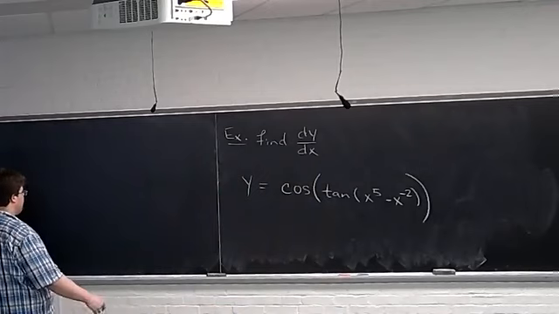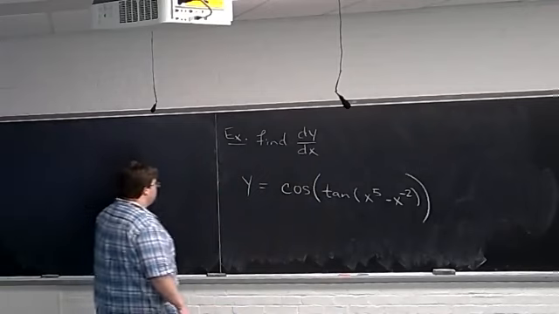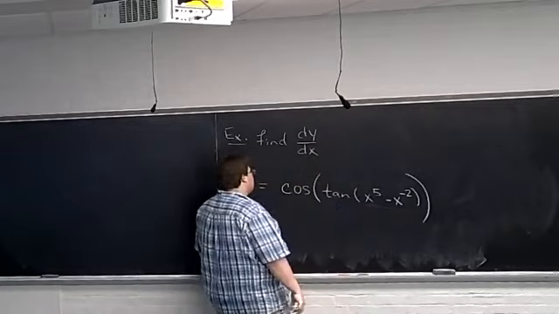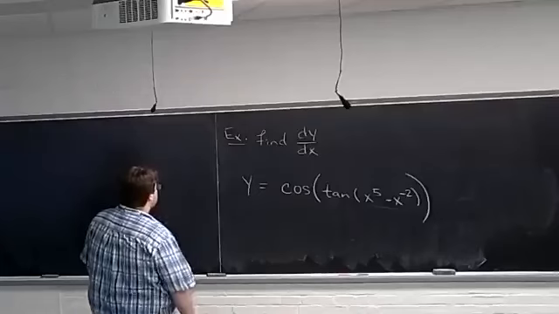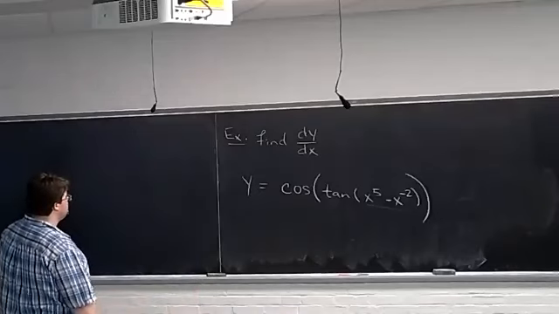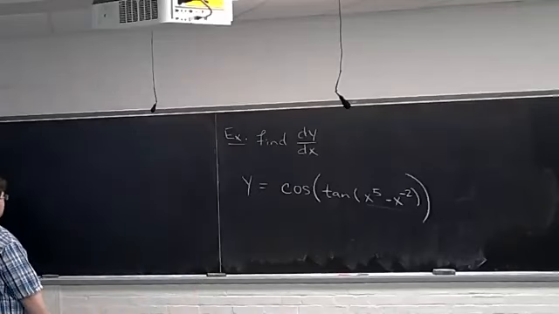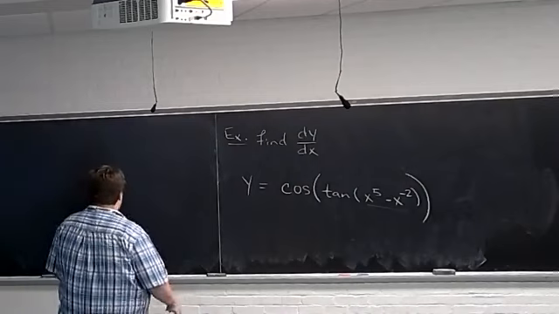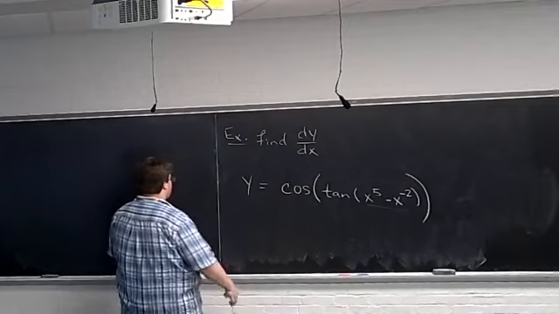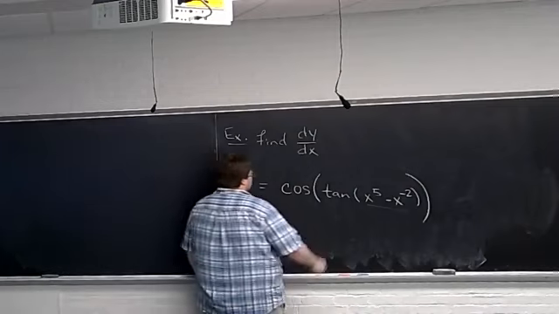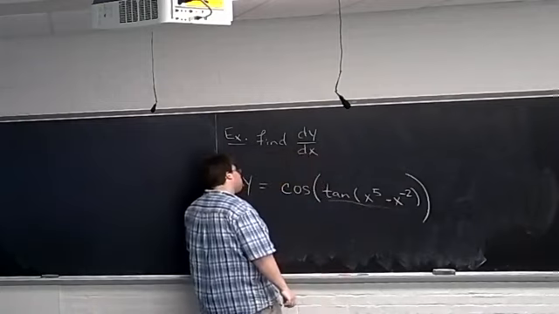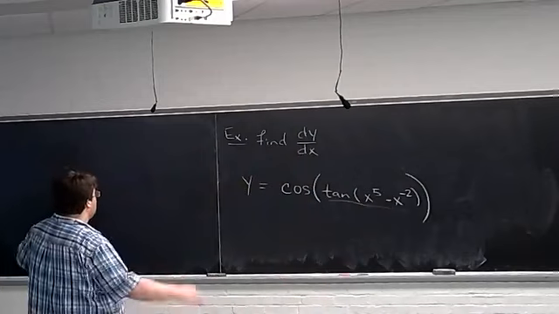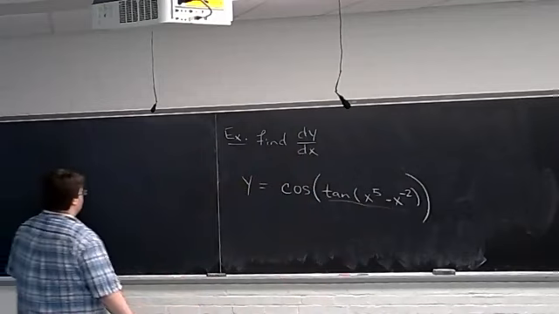Well, how would we figure out u? It may be tempting to say u is the x to the fifth minus x to the negative 2 part. But if you do that, then y is cosine of tangent of u, and you'd need another u substitution. That could work, but I think that's a little more complicated than the following substitution. We can arrive at it by observing that in its most basic sense, y is the cosine of something.